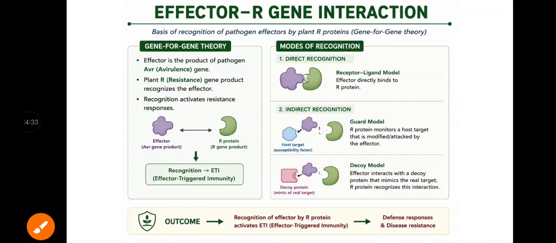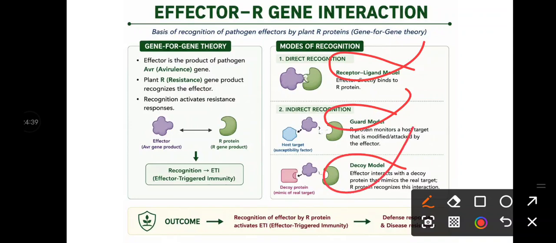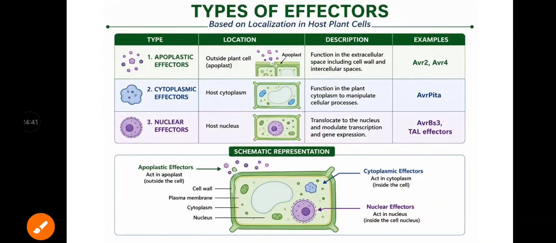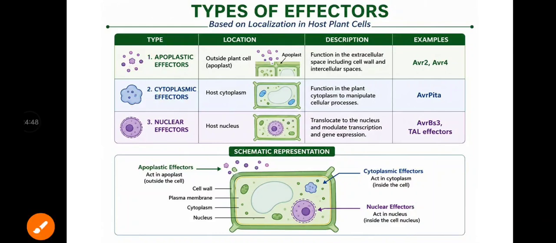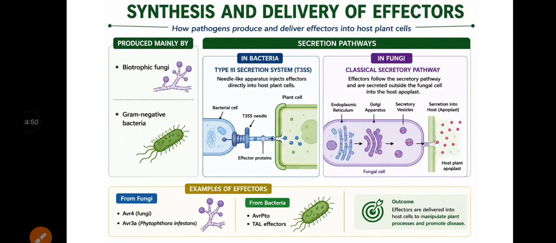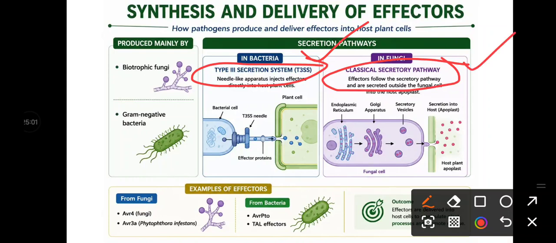Next, about the interaction. Three modes of interaction are there: the receptor-ligand model, the guard model and the decoy model. Then about the types: apoplastic, cytoplasmic and nuclear, three types of effectors based on their localization in the host cell. And the delivery mechanism: bacteria use the type 3 secretion system, whereas fungi use the general or classical secretory pathway to secrete the effectors into the host plant.